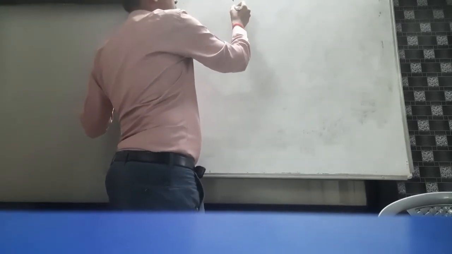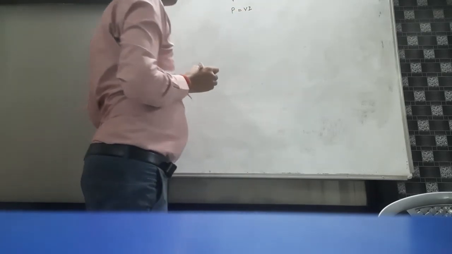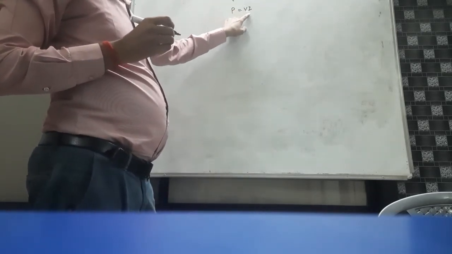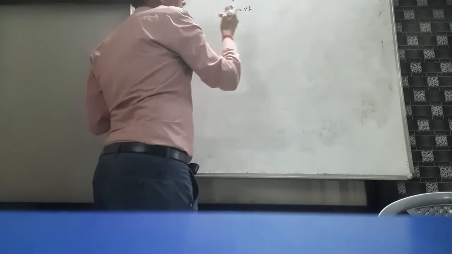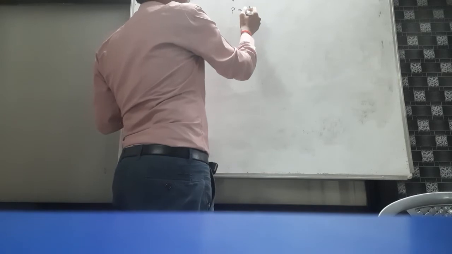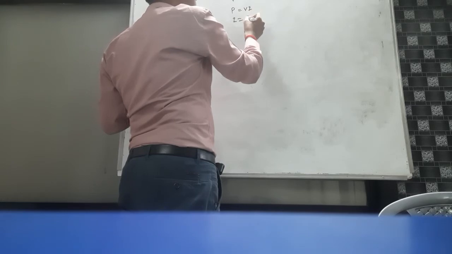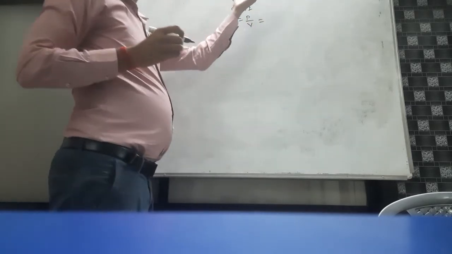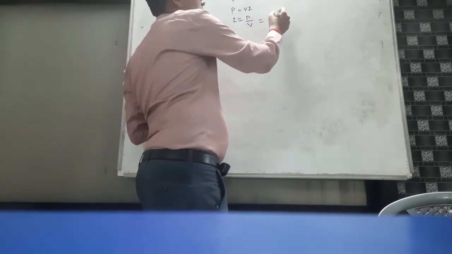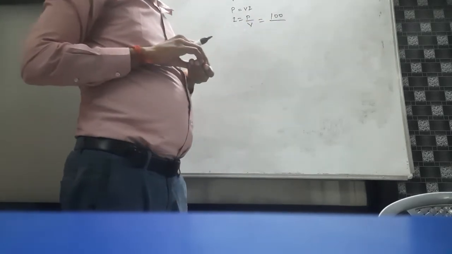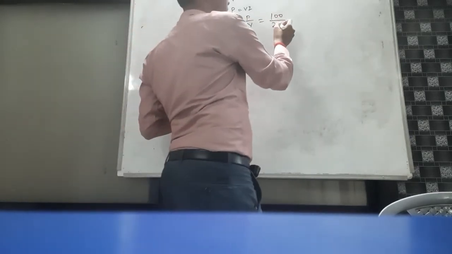Since we know that power can be represented as voltage into current, P equals V into I. The value of I is not given, so I is equal to P by V. Power in this case is 100 watt and voltage is given 220.